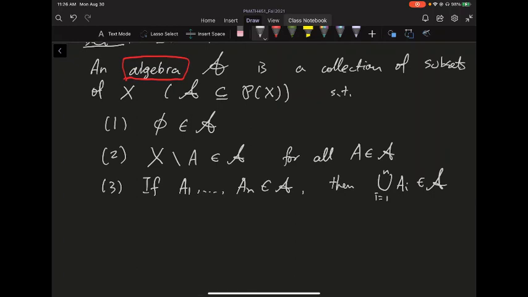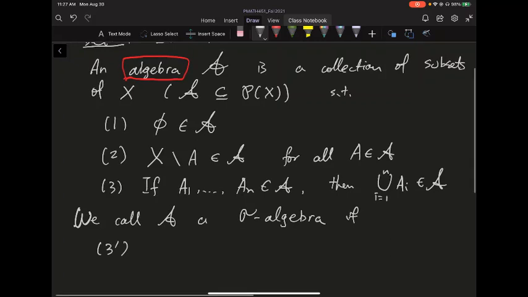So a sigma algebra is slightly stronger than an algebra. We call A a sigma algebra if it satisfies the strengthened version of 3, let's call it 3 prime.